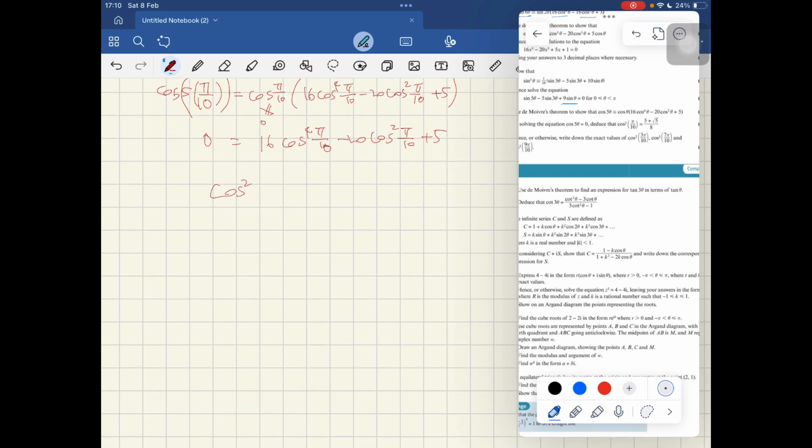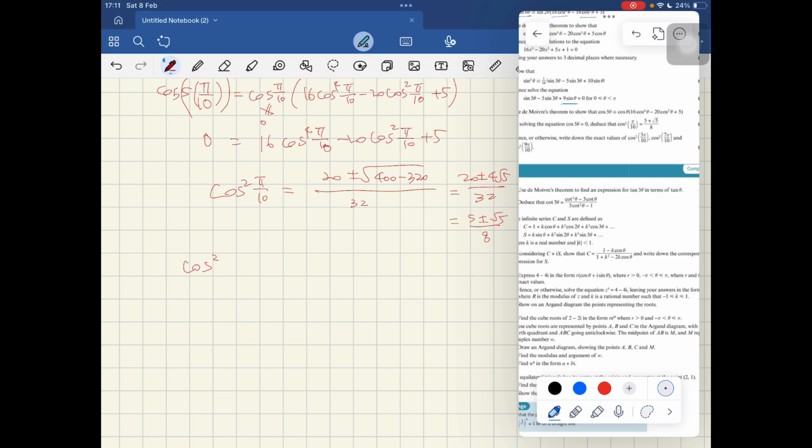Cos squared pi over 10 becomes (20 plus minus square root of 400 minus 320) over 32. So 20 plus minus square root of 80 over 32. So 4 square root of 5. So (8 square root of 5 plus minus 5) over 8.